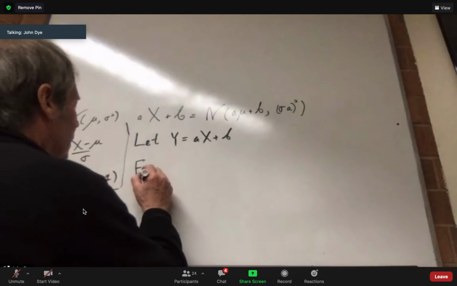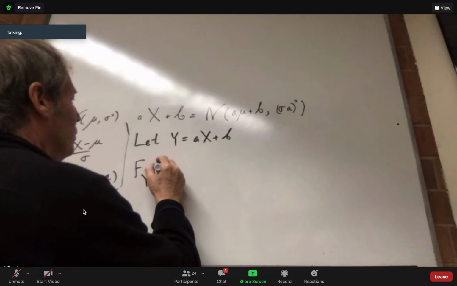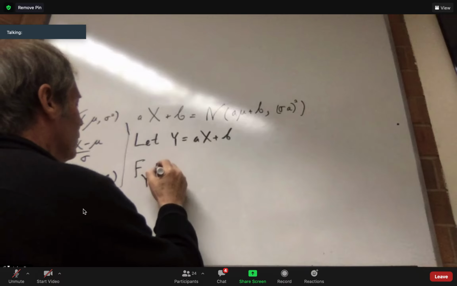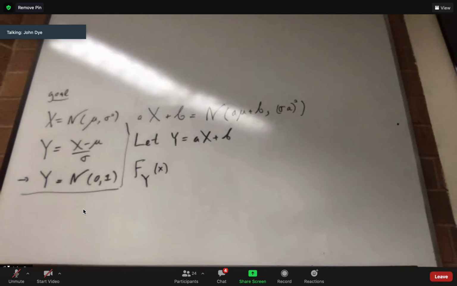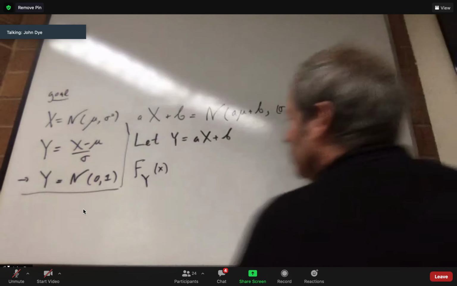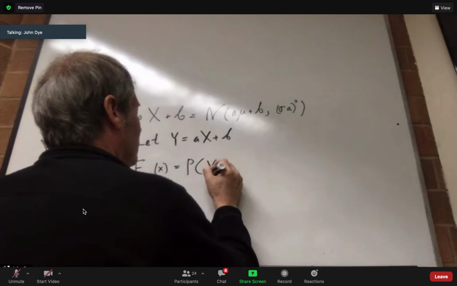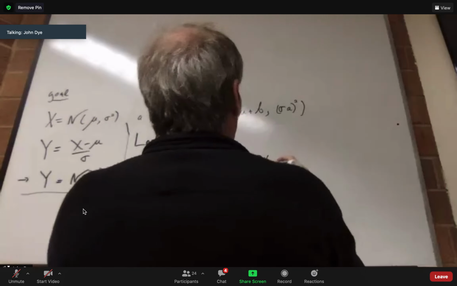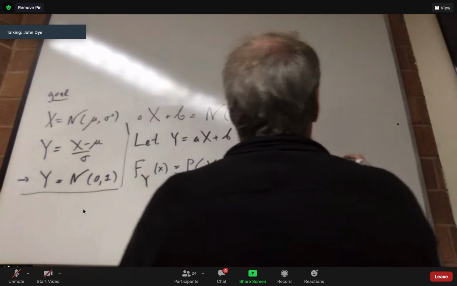But right now, let's just take the distribution function of Y. That's the probability that Y is less than or equal to x. That's the same as the probability that aX plus b is less than or equal to x.